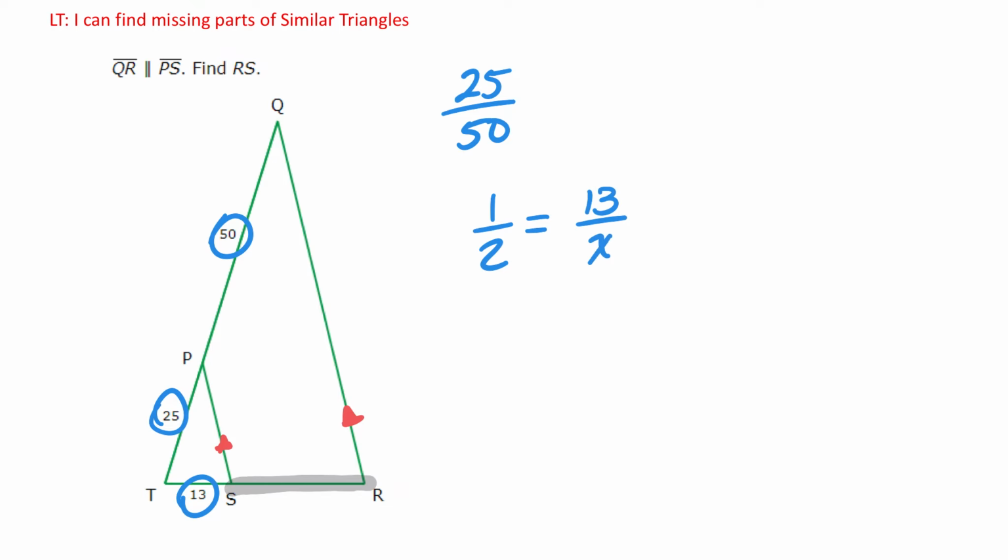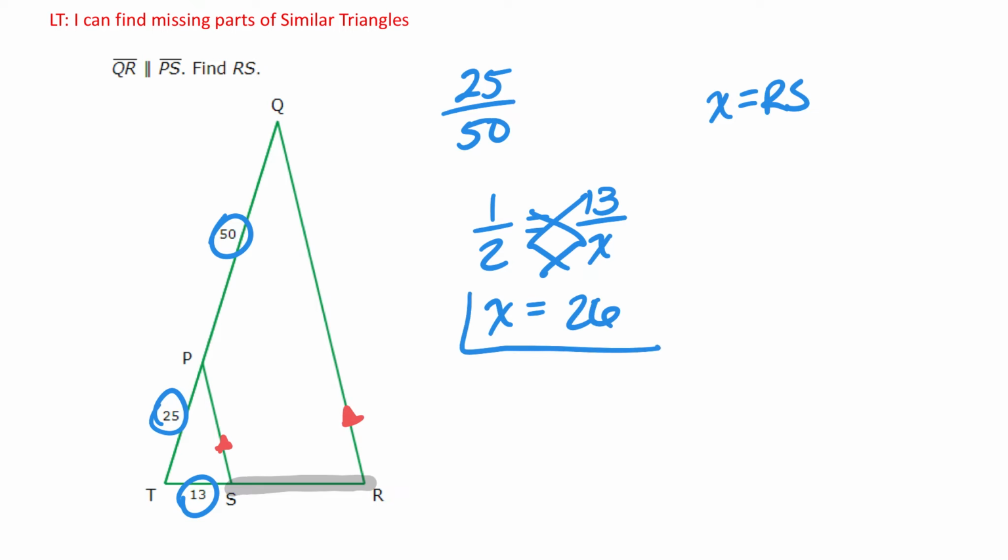Well, that's a 1-to-2 ratio proportion, so we can simplify that if we want, as 13 is to the unknown RS. So when we set it up this way, we do our cross multiplying, and x equals 26.